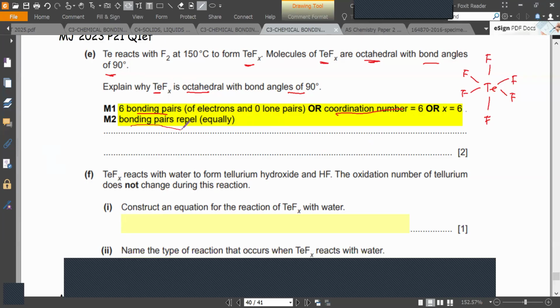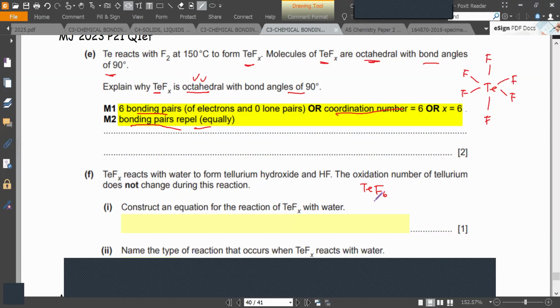The bonding pairs repel each other, they want to stay as far from each other as possible, so they form the octahedral shape. So now we already know that it is TeF6.